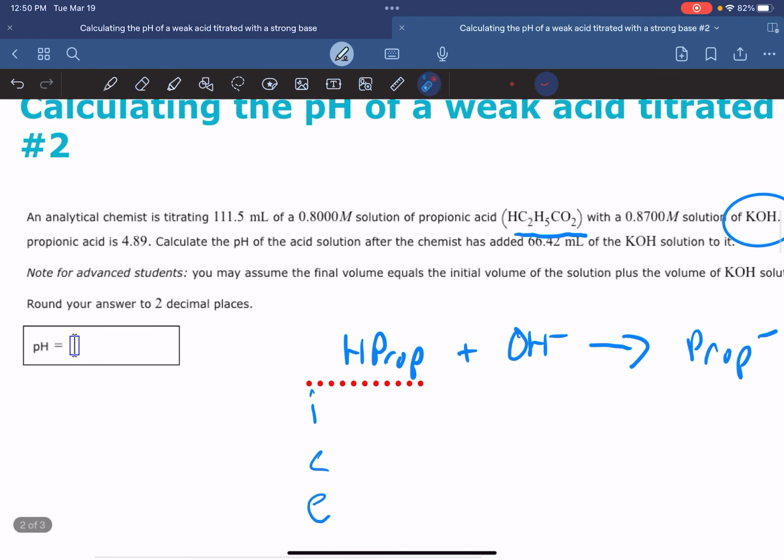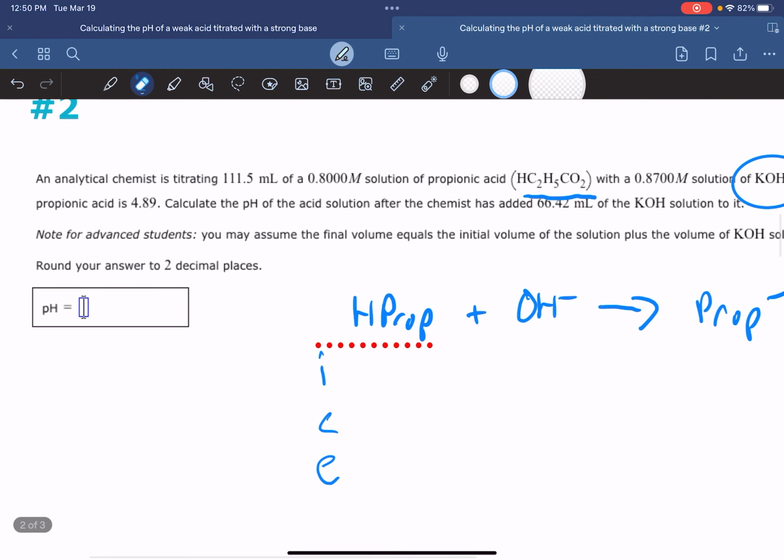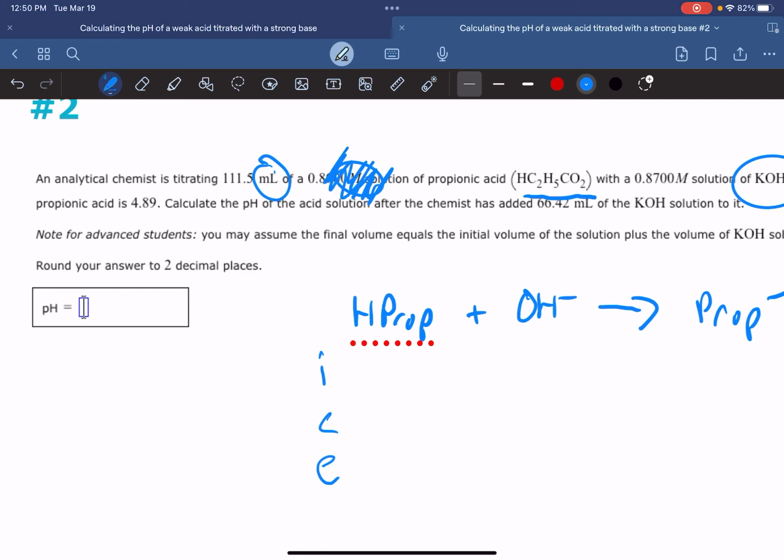Now, the other thing I want to point out here is they give us milliliters. And one of the things that we're capable of doing here, and we love doing, is when they give us milliliters and molarity, when we multiply them out, we end up with the fun thing called millimoles. Now, what are millimoles? Well, they're essentially moles divided by 1,000. But at the end, if we have only milliliters, it's going to pop back out to a molarity problem.